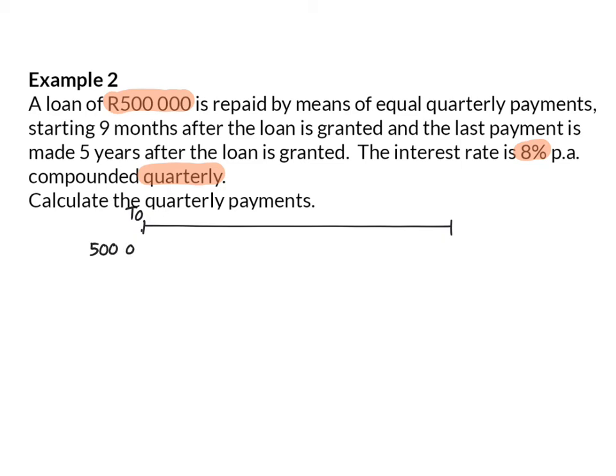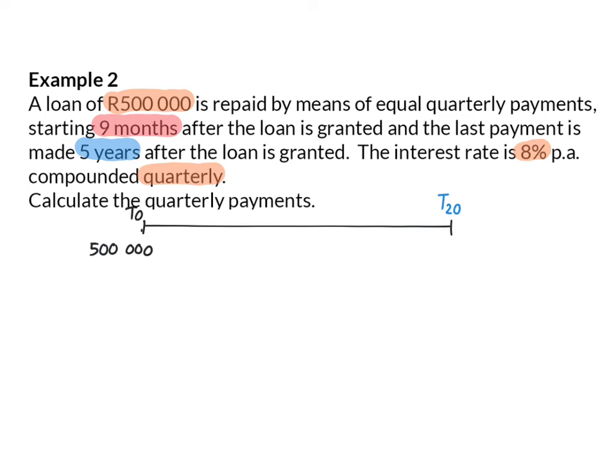Here, a loan of 500,000 Rand is repaid quarterly within 5 years. 5 years worth of quarters is 5 times 4, and that means we have 20 quarters. However, the first payment is only made 9 months after the loan has been granted.